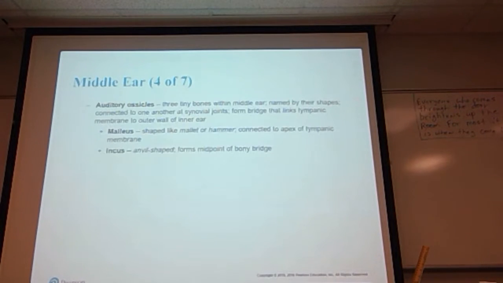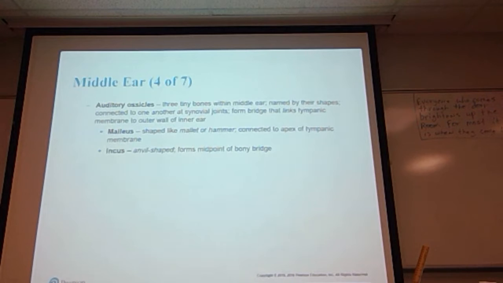The auditory ossicles are the three tiny bones of the middle ear. They are named by their shapes. They're connected to one another at synovial joints. They form a bridge that links the tympanic membrane to the outer wall of the inner ear. You have one called the malleus, which is shaped like a mallet or a hammer, ergo it's named the malleus. It's connected to the apex of the tympanic membrane.